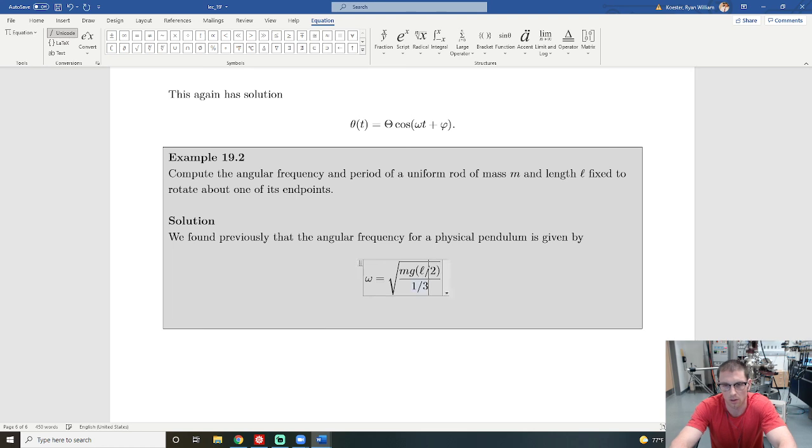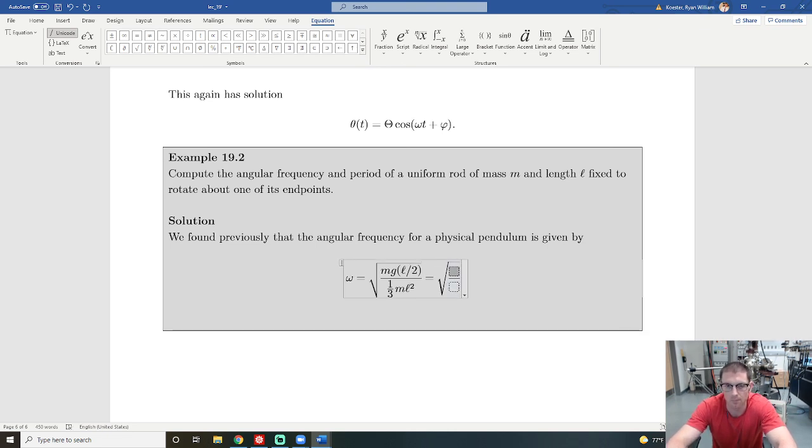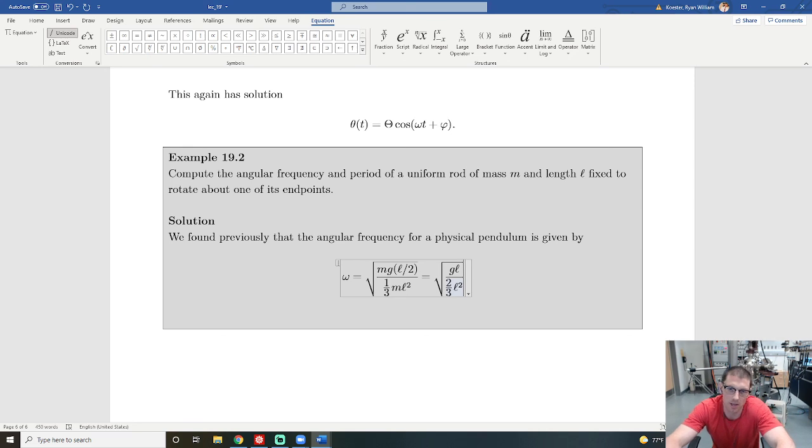So we could put 1/3 mL squared for the moment of inertia. And that's it, right? We see that we get some simplification here because the m's will cancel. We have g L over 2, and then down here we're going to have 1/3 L squared, so we just cancel the masses.